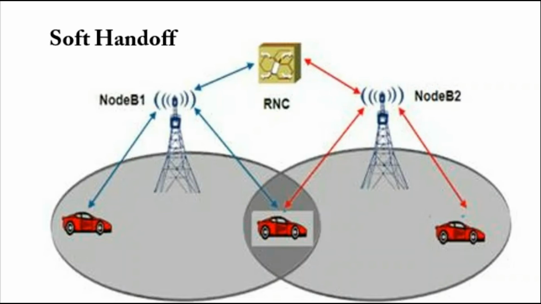Suppose you are on a call and you are connected to this base station, and as soon as your location changes, you establish a new connection before breaking the connection with the source. And as the new connection is established, the old connection can be broken. Hence, this handover or handoff is also called make before break. I repeat, make before break handoff.